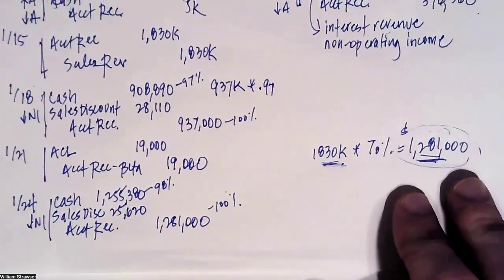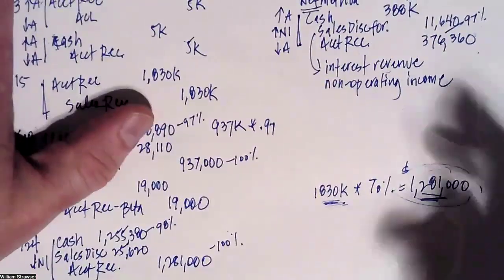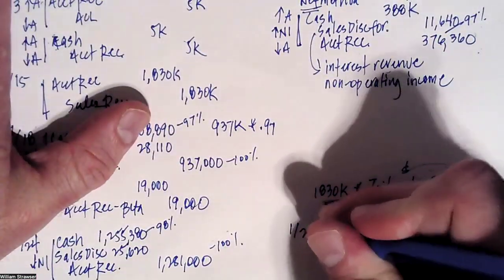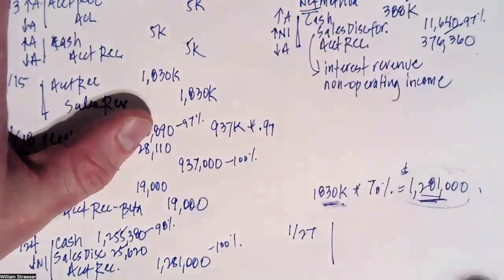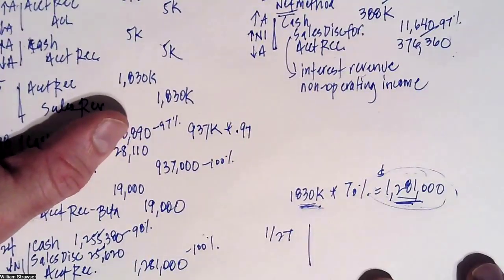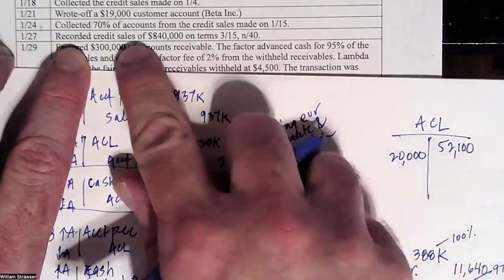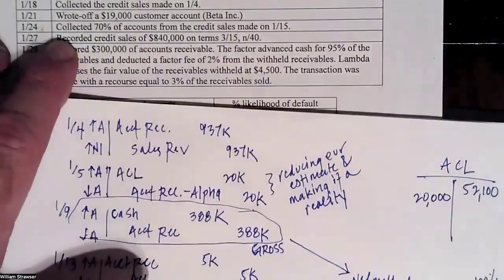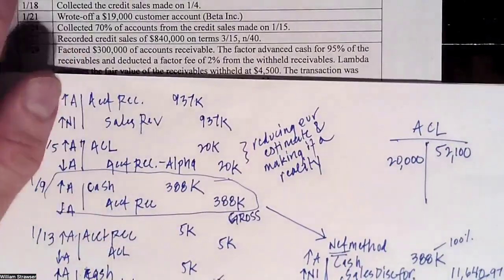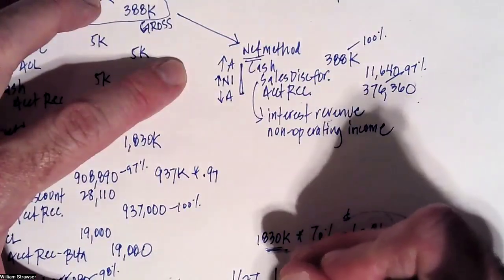And the final entry before the factoring on 127, I recorded credit sales of 840,000 on terms 3/15 and 40. That's just a gross method sales revenue accounts receivable entry, and we can record it at full price.